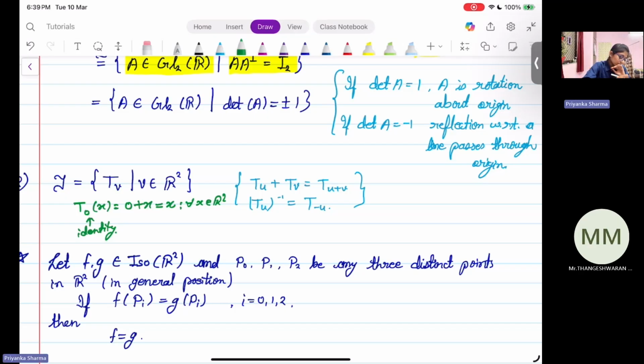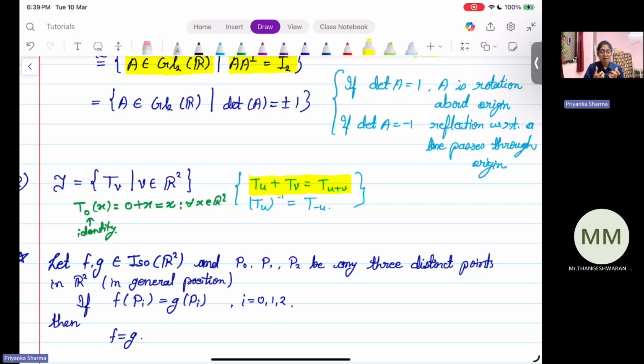So this set T is non-empty, and with respect to the same group operation, that is the composition operation, we can check it is a group. Here the addition is defined like this: translation of some point by u, and then we add the translation of the same point by v.